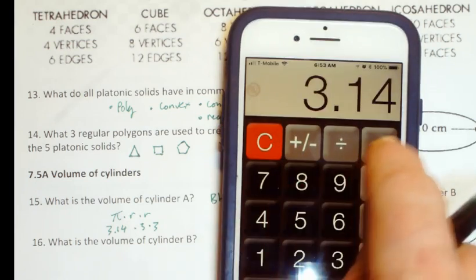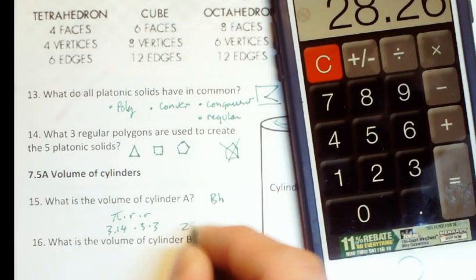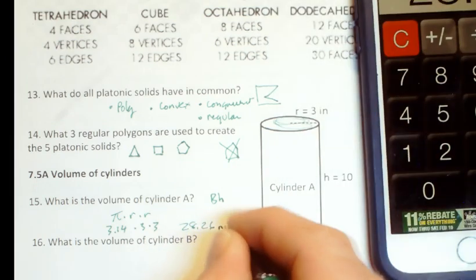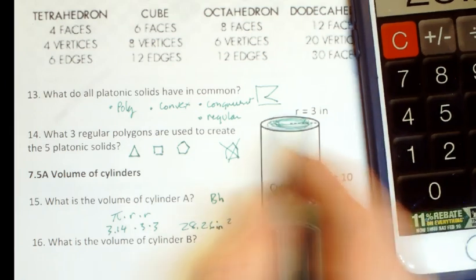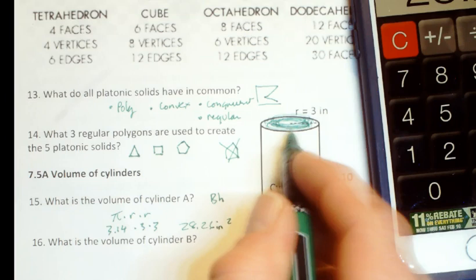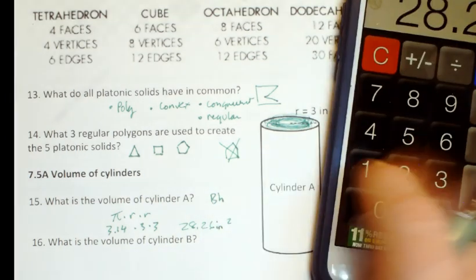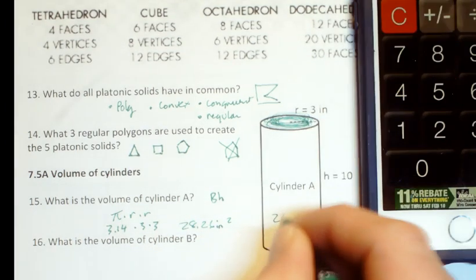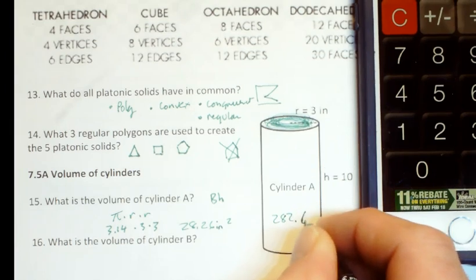3.14 times 9 is equal to 28.26. 28.26, and that's going to be inches squared. That's the area of this circle. So think of that as a round piece of paper and the stack is 10 inches high. You can just multiply that times 10 and you're going to get 282.6 units squared.